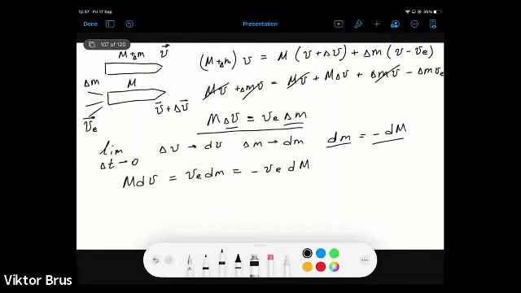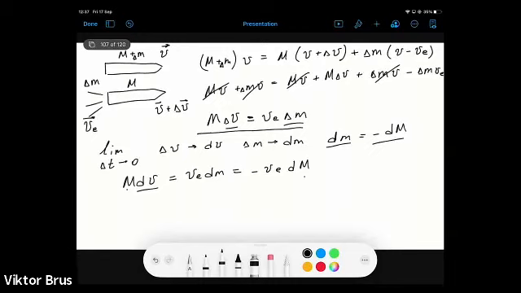Okay, so now we have a differential equation and need to rearrange the differentials in that way that we can integrate it. So let us leave this dv on the left side and put this capital M in the denominator on the right side.